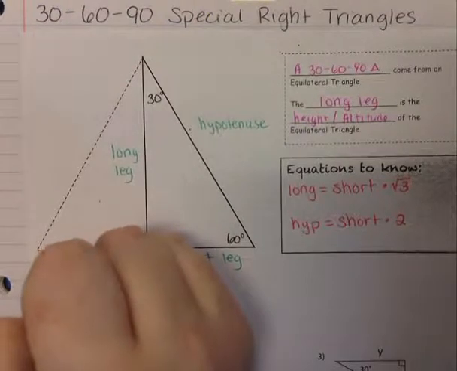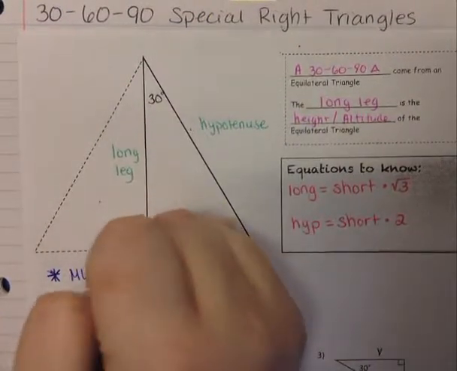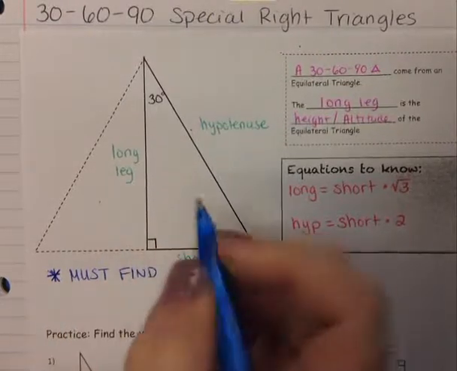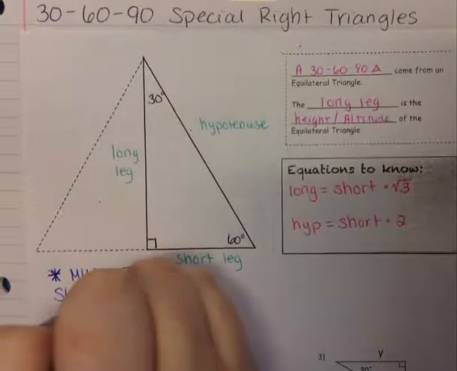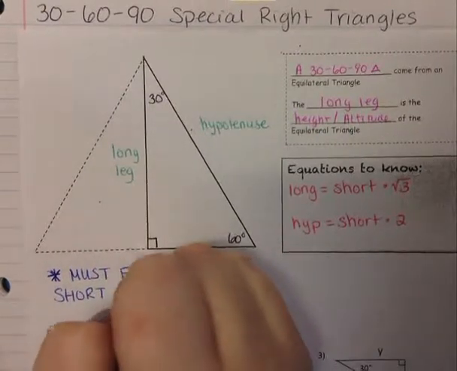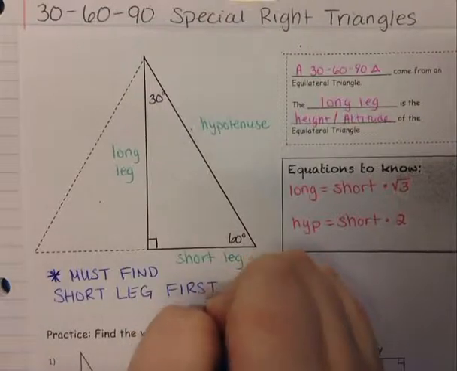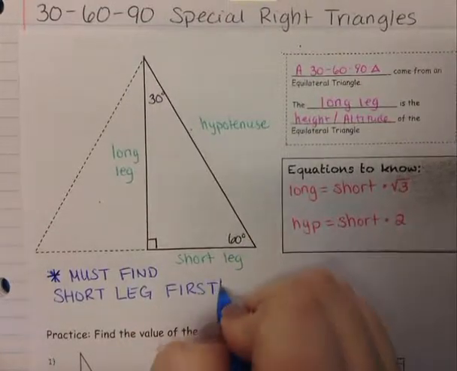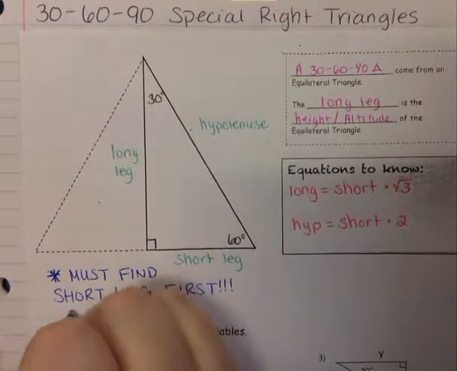But what you must do, you must find the short leg first. And again, the short leg is always across from the 30 degrees.